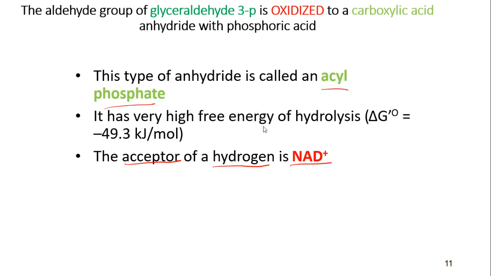Since it's an acid, it simply means that it's capable of producing hydrogen ions. So for those hydrogen ions which it has produced, there is another molecule which has to be present, and this molecule has to be able to accept what is being produced, and this molecule is just the NAD+.